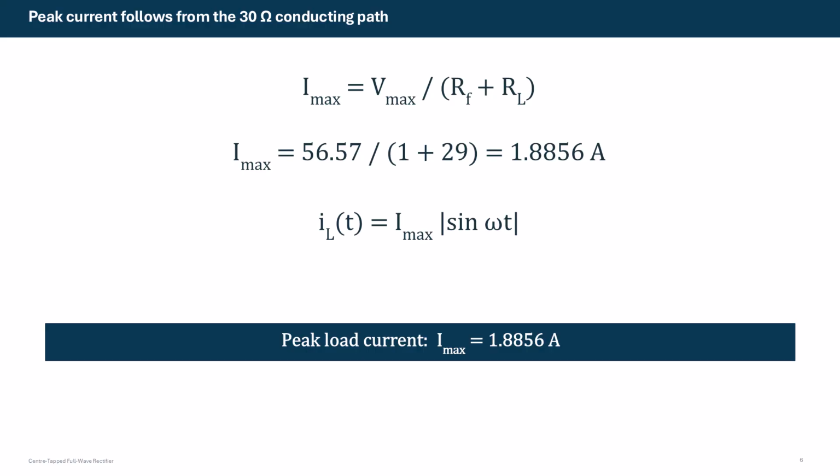The peak current is the half secondary peak voltage divided by the sum of diode forward resistance and load resistance. Substituting 56.57 volts and 30 ohms gives 1.8856 amperes. The instantaneous load current is the magnitude of a sine wave because its direction through the load is positive during both half cycles.